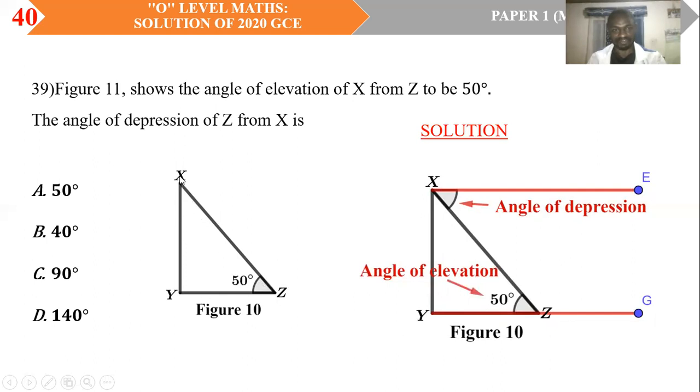The angle of depression will be the angle from x looking down at Z. From our knowledge of transversal lines, if this line and this line are parallel and we have a transversal, the angle of elevation and angle of depression in this case will be alternate angles. And we know that alternate angles are always equal. So answer E, 50 degrees.